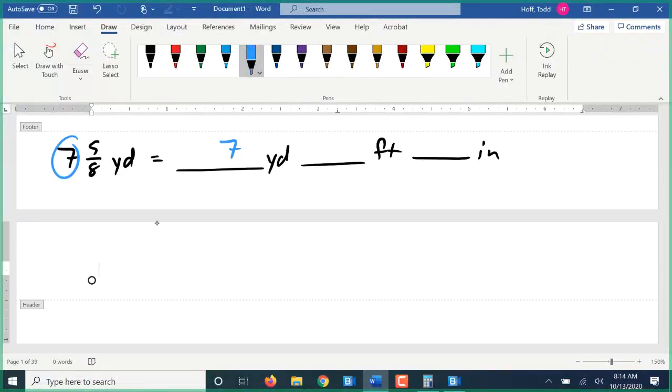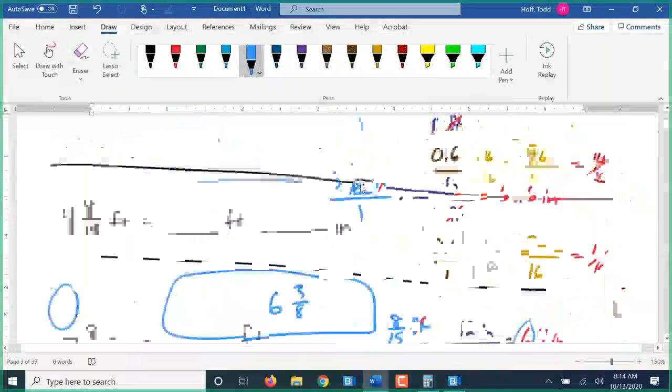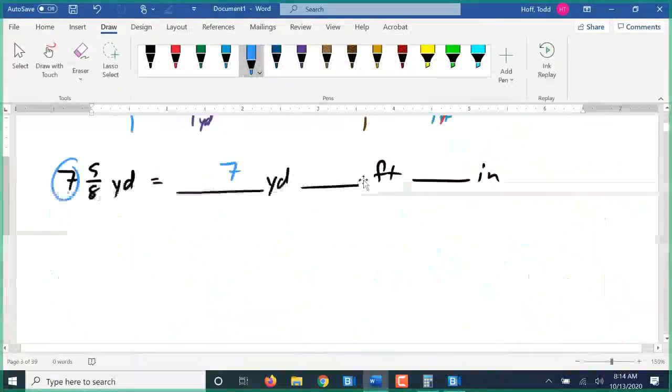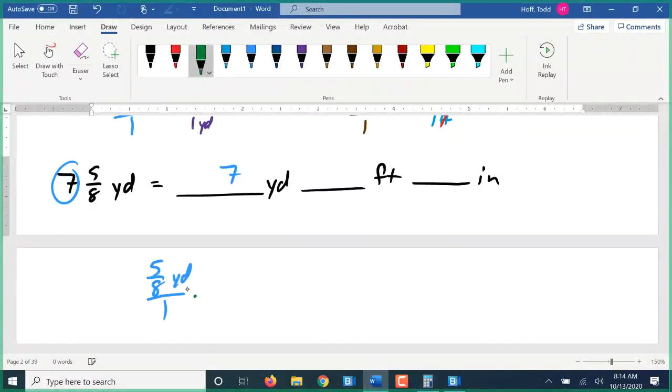My 5/8 yards has to be converted. So 5/8 yards over 1. 1 yard is 3 feet. And my yards cancel out. 5/8 times 3.